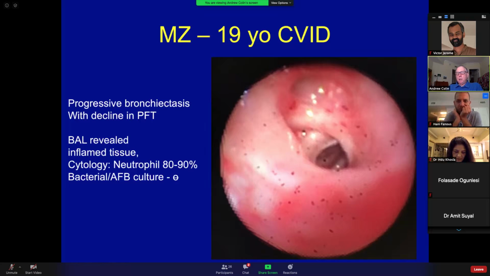The caveat should be that the negative bacteria may have been because we gave her 24 hours of antibiotics, but it generally would not be enough to wipe out all the bacteria, particularly in a chronic situation. But what we saw in the bronchoscopy is this partial obliteration that we saw in the lingula.